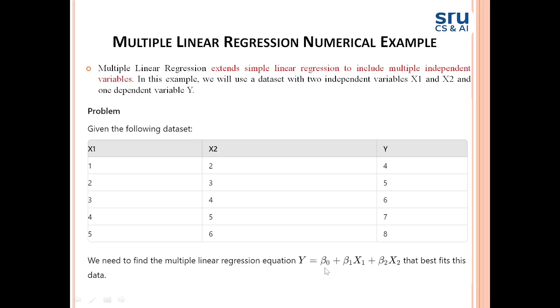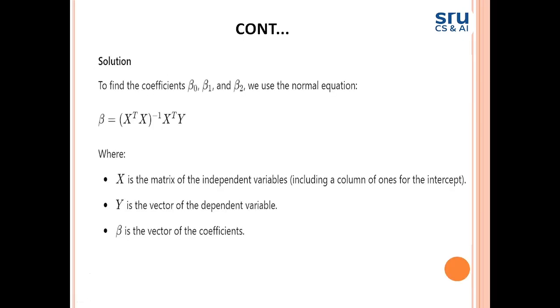Y is equal to beta naught plus beta 1 into x1 plus beta 2 into x2 that best fits the model. So how do we find these coefficients beta naught, beta 1 and beta 2?